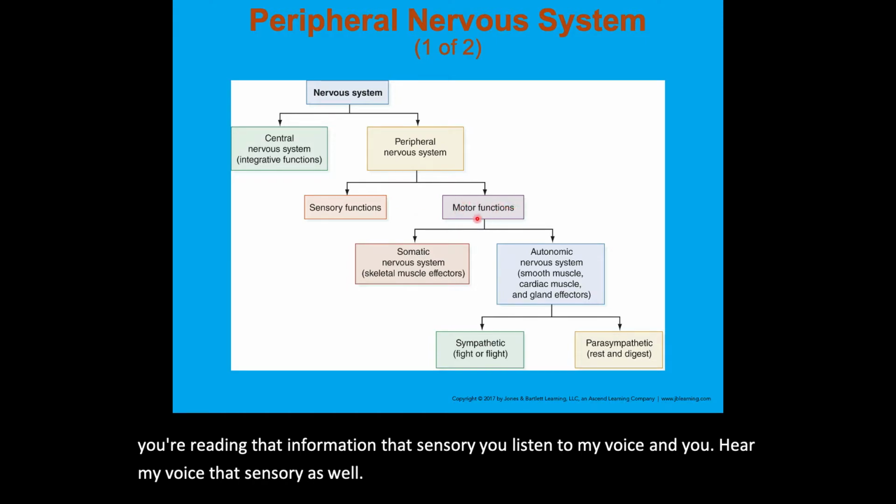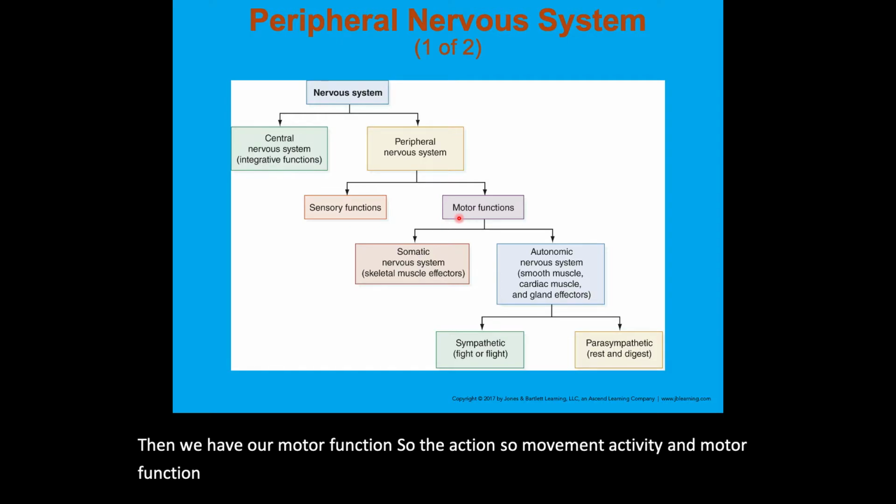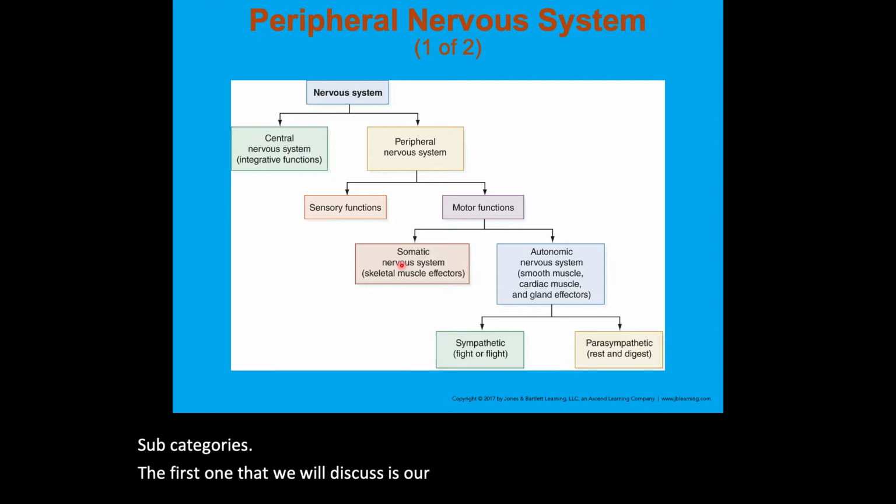Then we have our motor function. So the action, so movement, activity. And motor function ends up being broken down into two subcategories. Okay. The first one that we will discuss is our somatic nervous system.